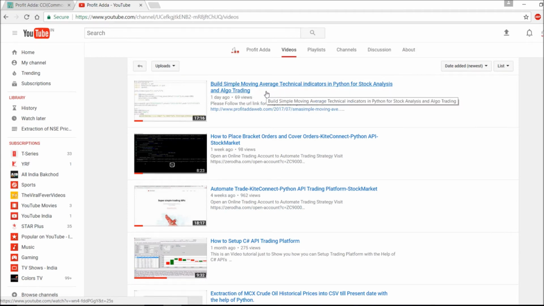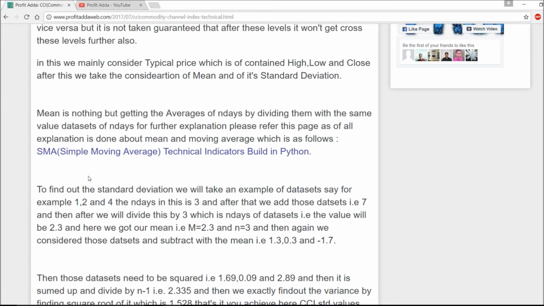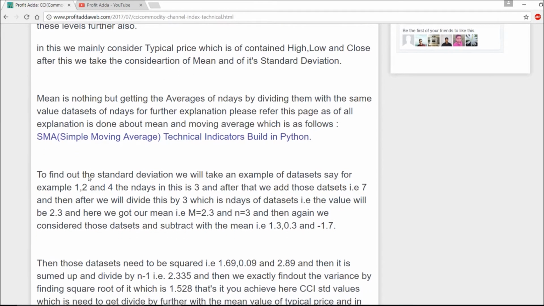Before that, I suggest you watch my video on building simple moving average technical indicators in Python for stock analysis and algo trading, so you get to know about the mean value, the moving average. I have explained this in my previous videos, so now I'm just going to brief it out.